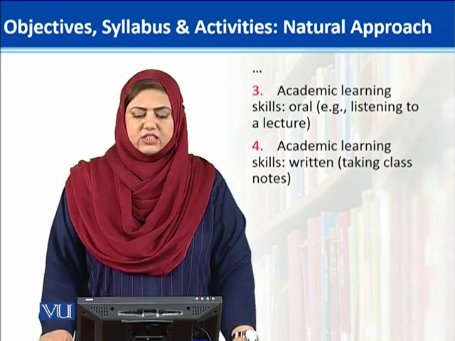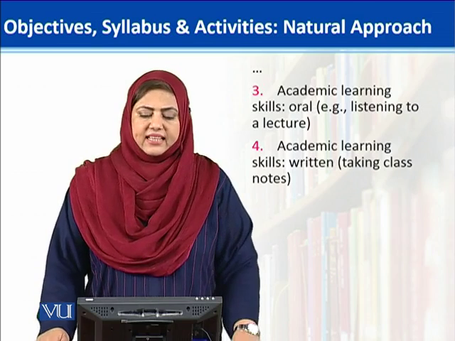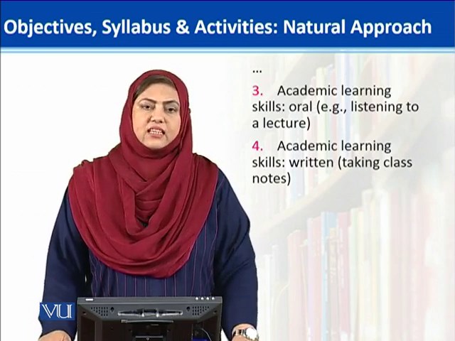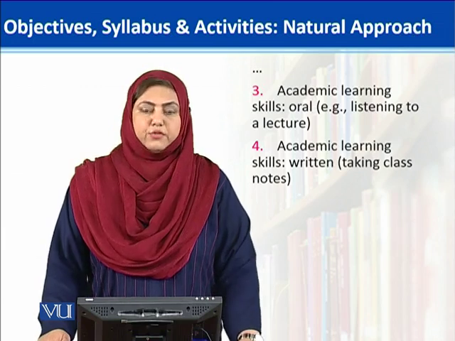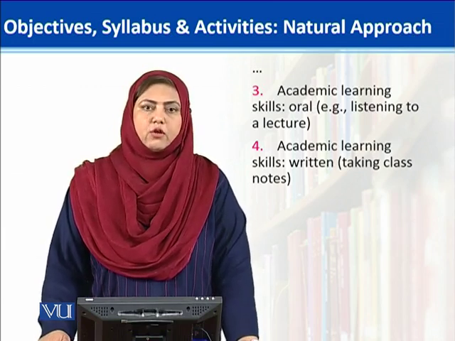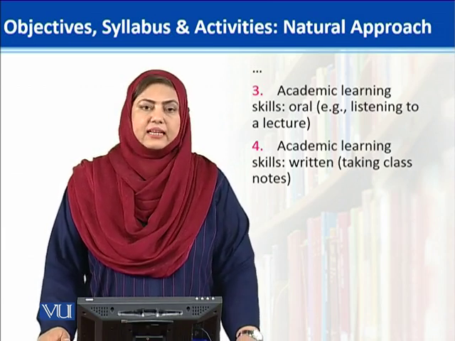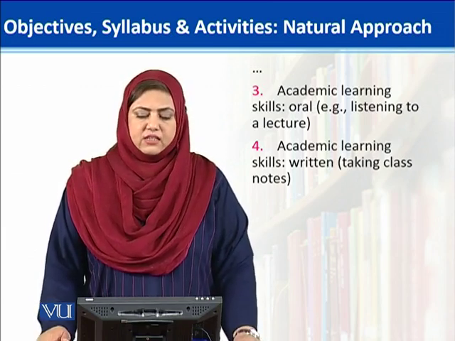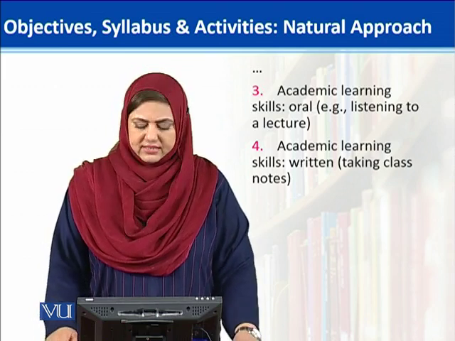The third area is academic learning skills, and again this is an oral level where listening to a lecture is the target. The fourth area that they have pointed out is academic learning skills, and again this is based on writing. So the written task of taking class notes, for example, is the target.